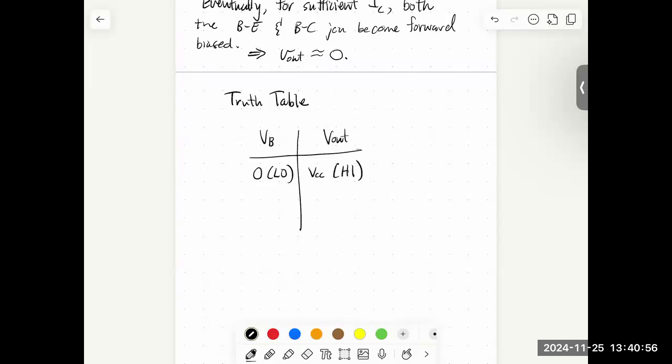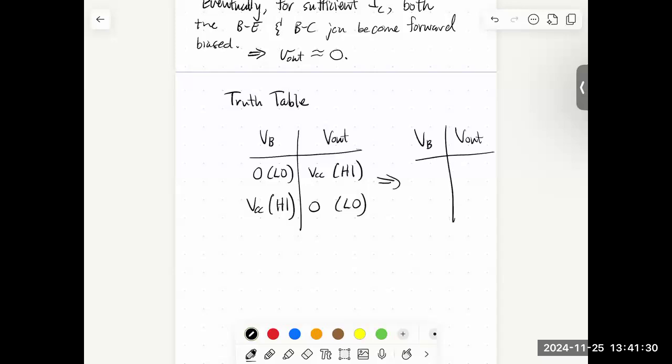And then in case 2, we said, well, let's make V base some large voltage. Maybe we'll make it VCC. Okay, so then we have a high voltage at the input, and we said our output is going to be close to 0, which is a low.